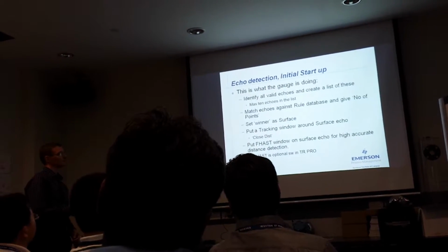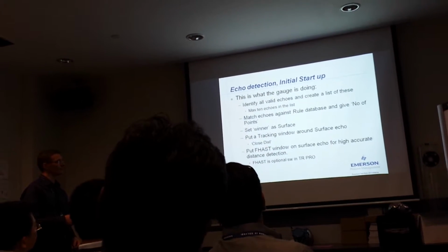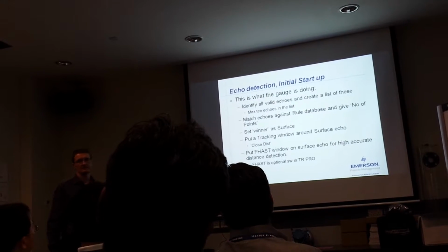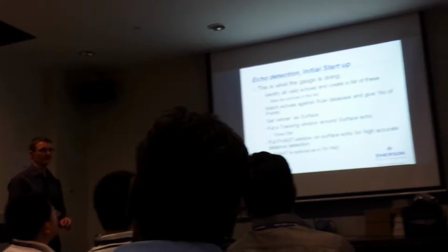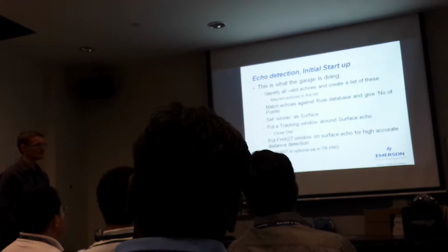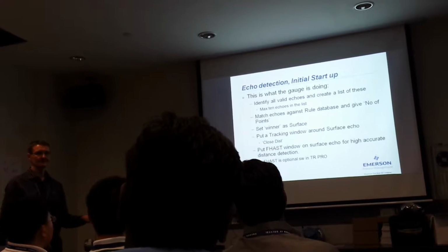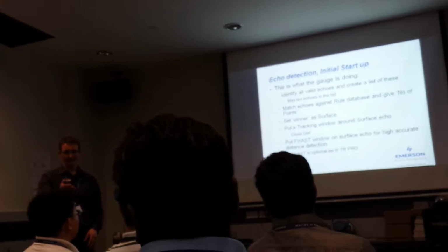Also, it will put a tracking window around these surfaces. The tracking echo will be called closed list. This name you can find in the holding registers. Maybe you already found it. Okay. Who found it? Have you found closed list? You found? Okay.